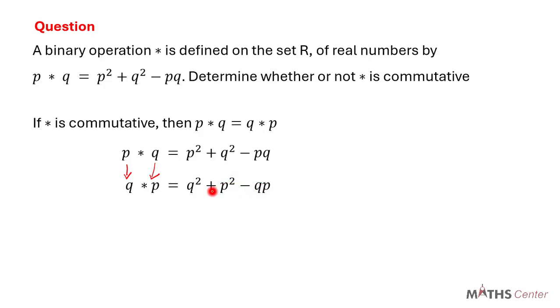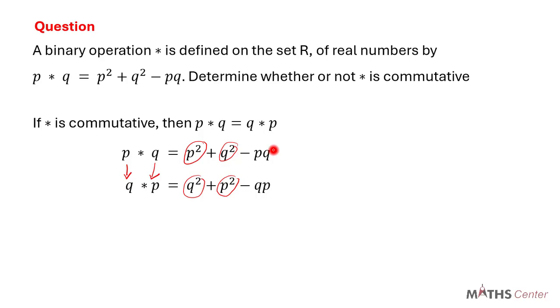Now we have to compare whether P star Q is equal to Q star P. Let's compare. On the left-hand side, we have P squared. On the right-hand side, we have P squared, which is equal. On the left-hand side, we have Q squared. On the right-hand side, we have Q squared, which is the same.